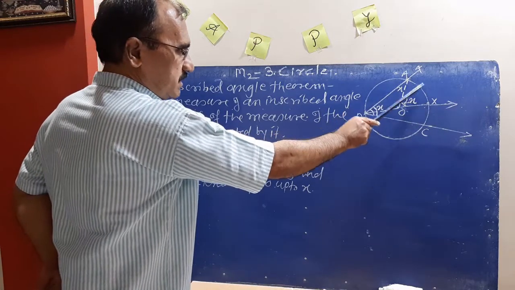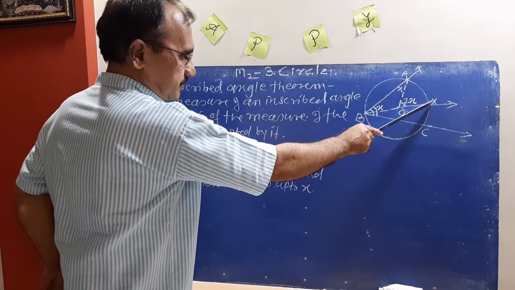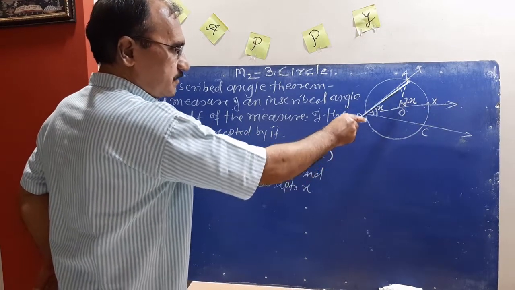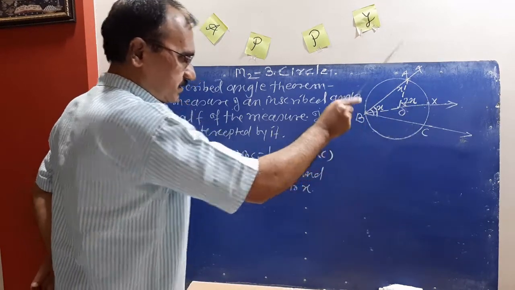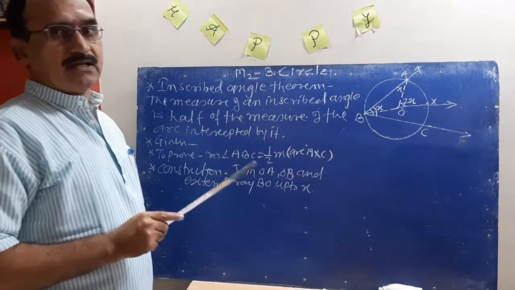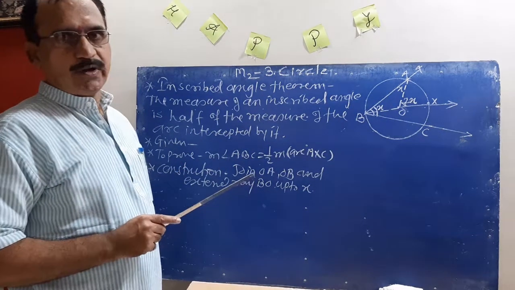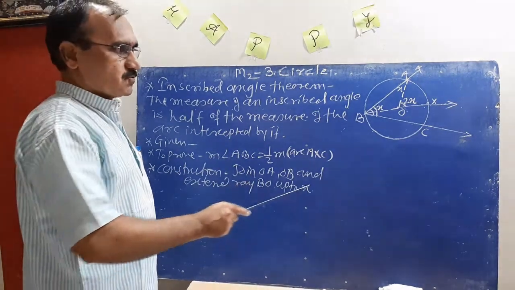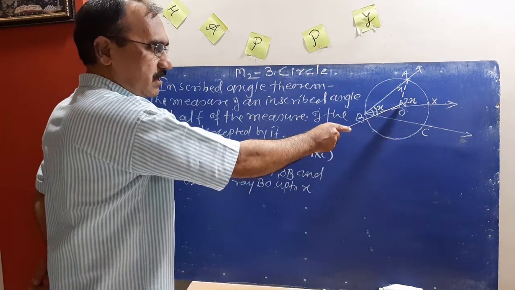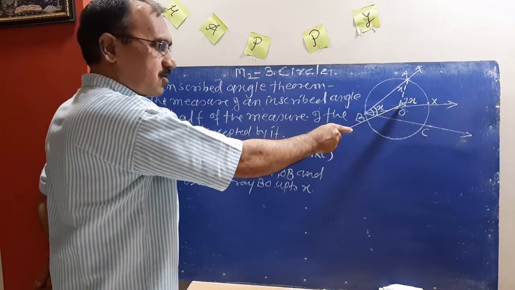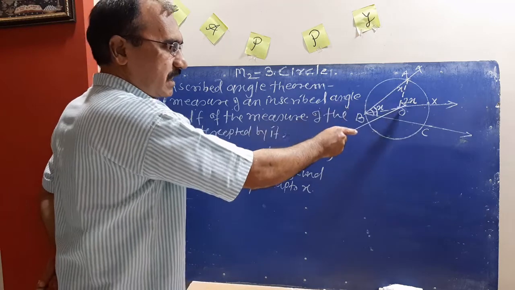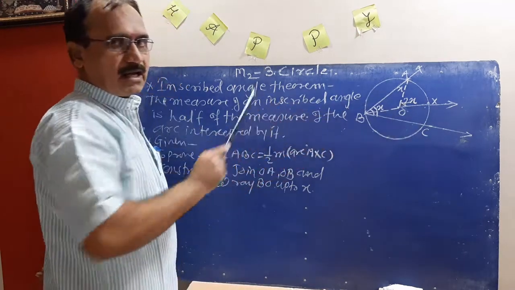Now consider only arc AX and this angle. Angle AOX, the vertex of the angle lies at the center of the circle. Then which type of angle is AOX? Yes, here the vertex of the angle is at the center of the circle, and therefore this angle is called a central angle.